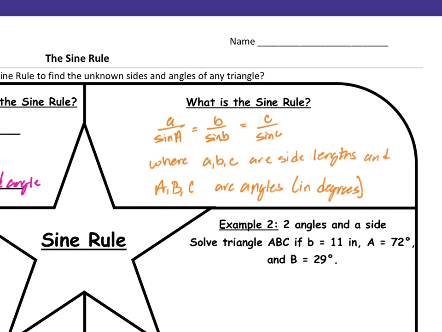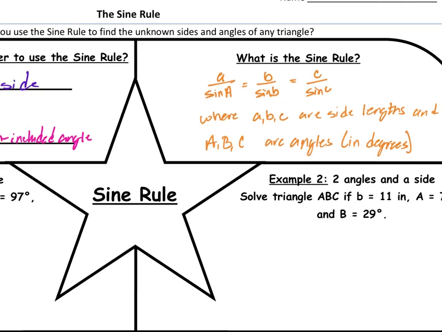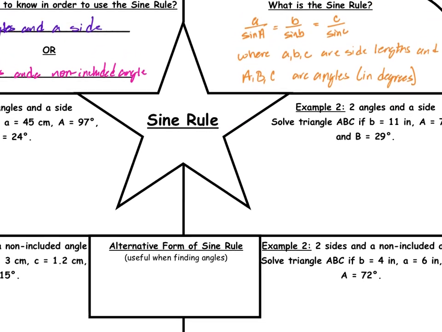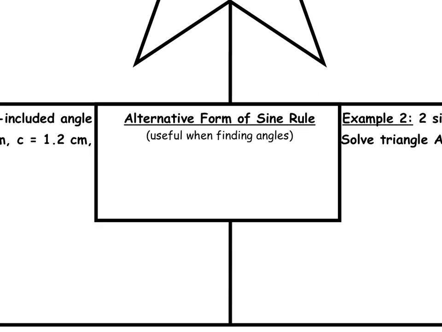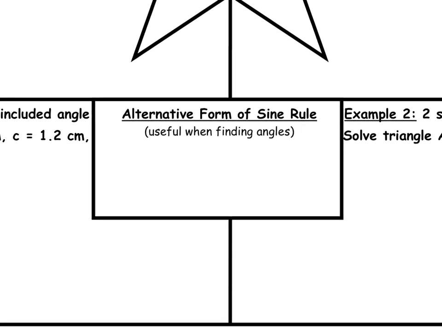We've already learned that rule. The first two things we've already talked about in our own notes. Before I do the examples, there's also this alternative form, which she says is useful for finding angles. This one just says the opposite. Remember when I gave you the definition, I gave you both of them.